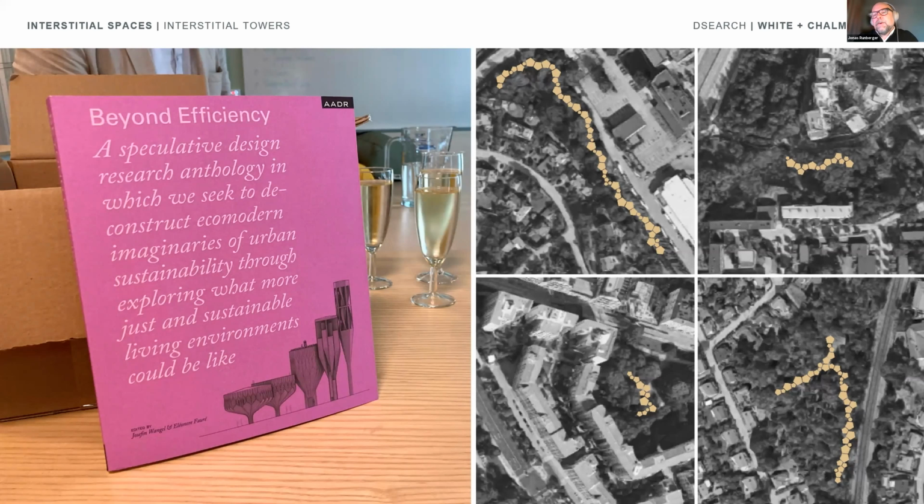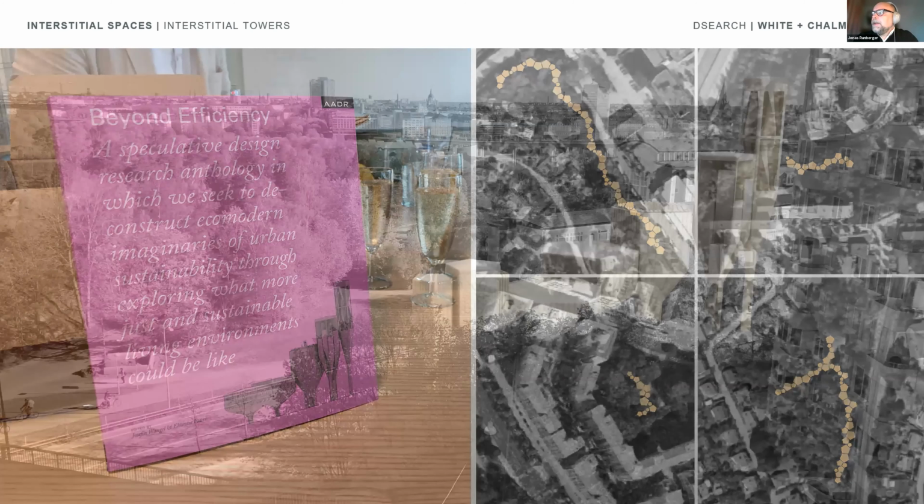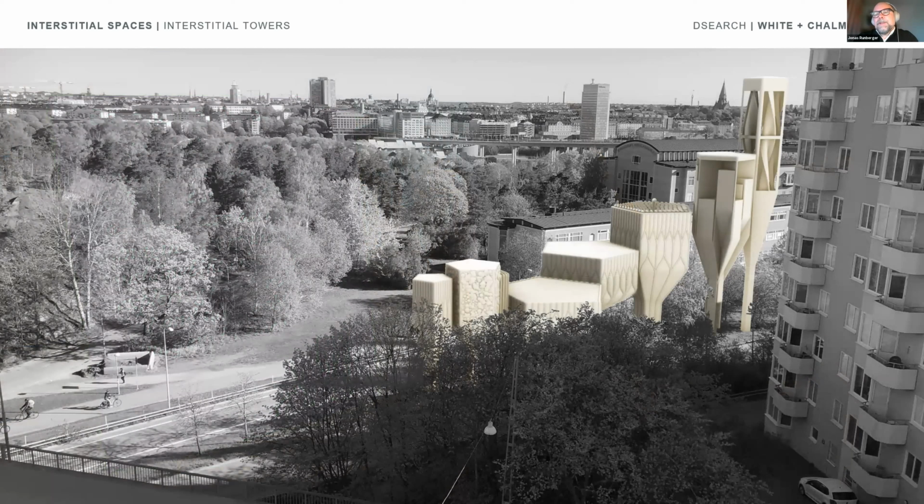It's on one hand working at almost a regional scale with identifying locations and so on, and then just to give an idea of site and size, the towers would be placed at an intermittent scale between buildings and maybe even sculptures. This is actually a view from my kitchen window.